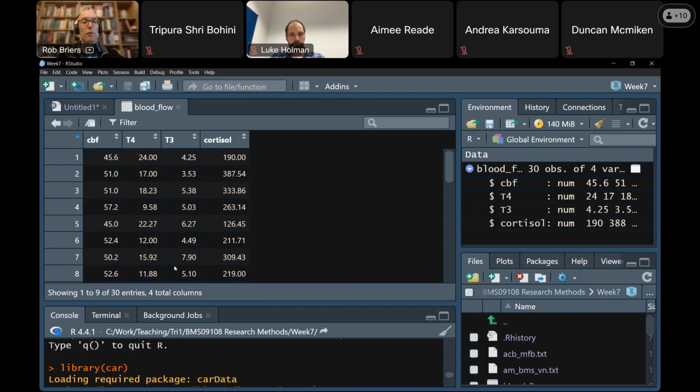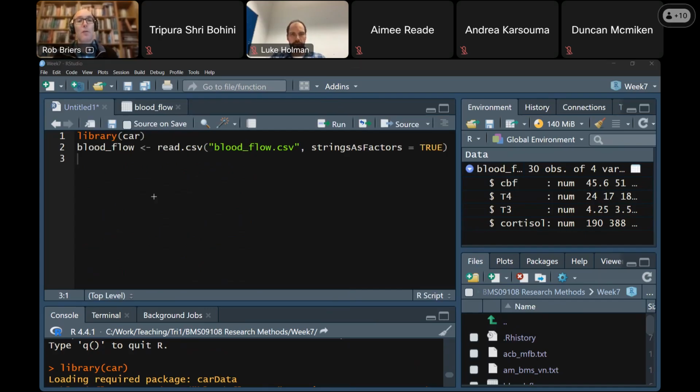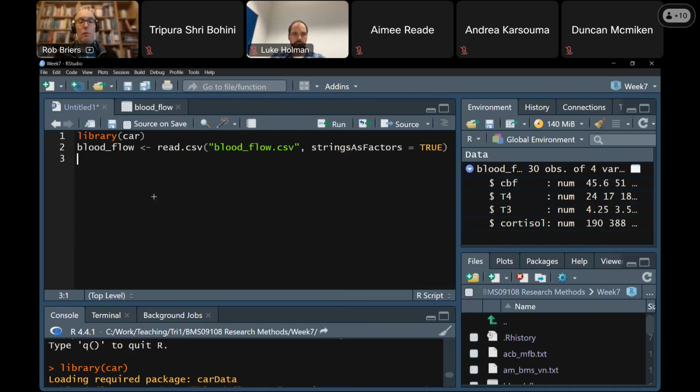And those are all continuous as well. So that's the situation where we have no categories in any of our variables. All of our variables are continuous variables. So we'll start off just by looking at what's known as simple regression, and that's where we look at one predictor and one response.